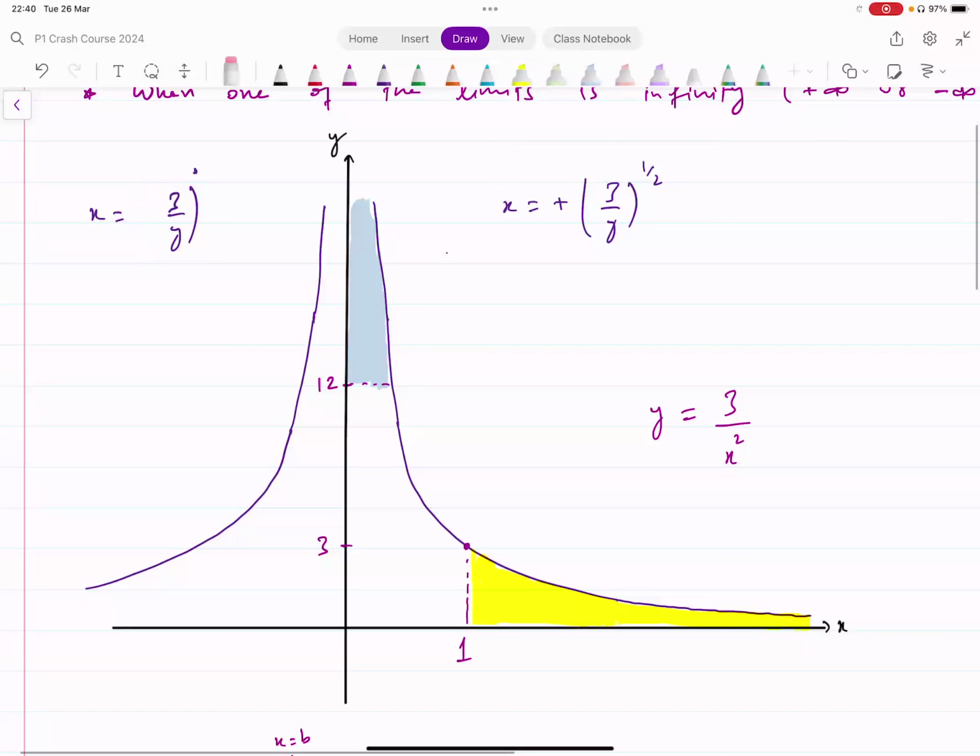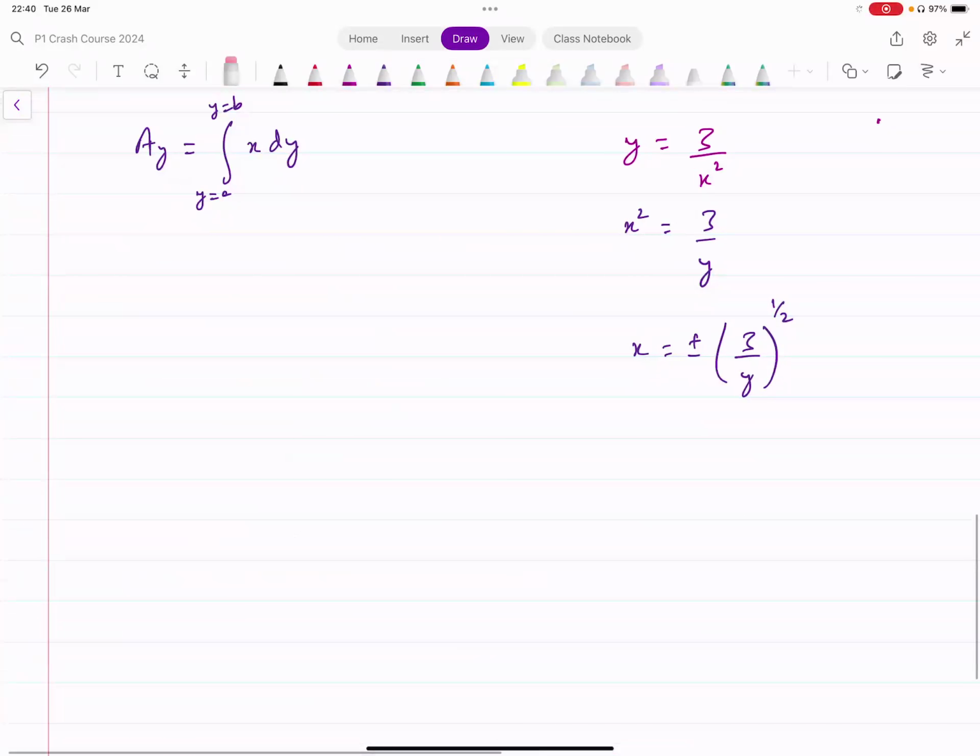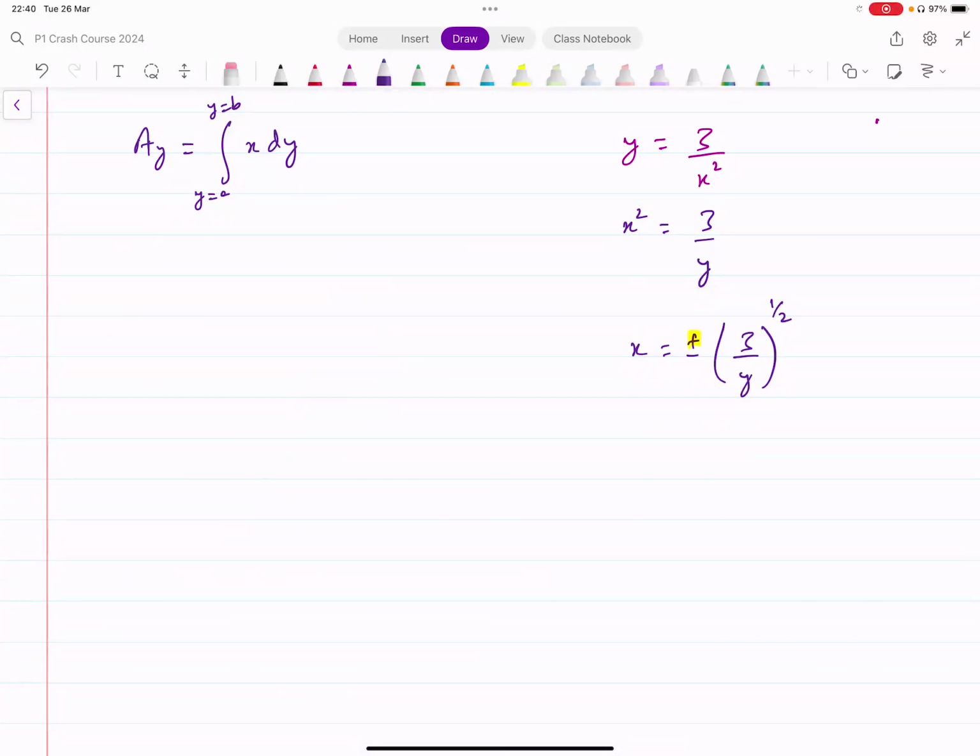Right? Why? Because on the right side, x is positive, and on the left side, x is negative. So we are looking for the right part, right? So we will only consider the positive part here. That means the function that we're talking about is this. With the plus sign, x equals (3 over y) whole raised to the power 1 over 2. This is what the function is.